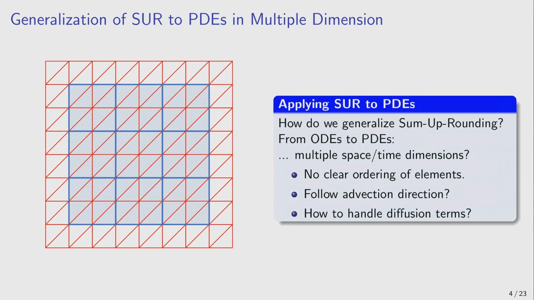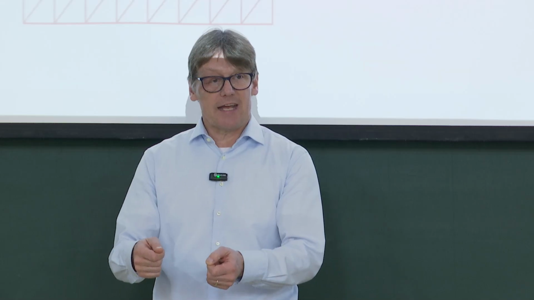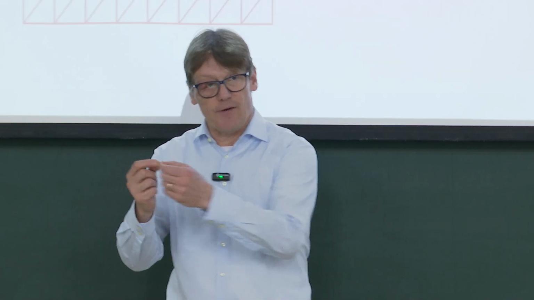The challenge that we face is that if I discretize my finite element mesh, so let's say I have triangular elements throughout my domain, and maybe I have some controls, so I decide in each of these blue boxes whether I place material or not. The question is, how do I order these elements? So previously, in the ordinary differential equation case, it was easy because I was just following time.